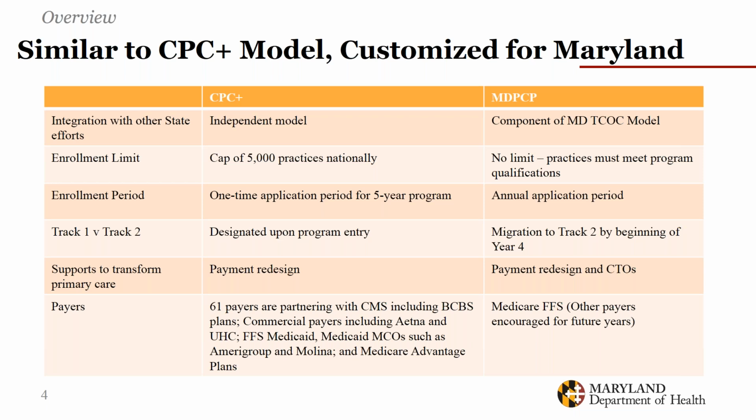In the CPC Plus program nationally, practices were either in the Track 1 version or the Track 2 version, the more advanced version, and they stayed in those versions throughout the model period. In our Maryland program, practices will either enter Track 1 or the advanced track, depending on their individual circumstances.